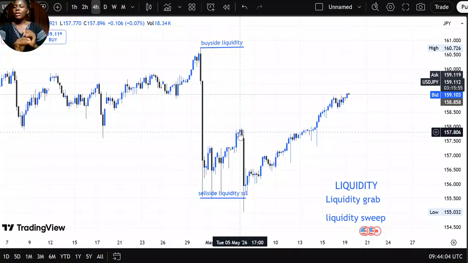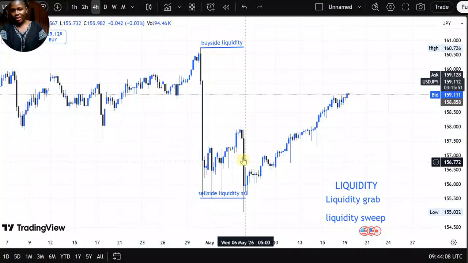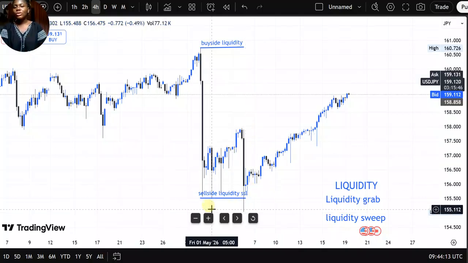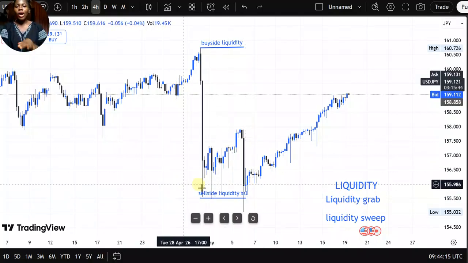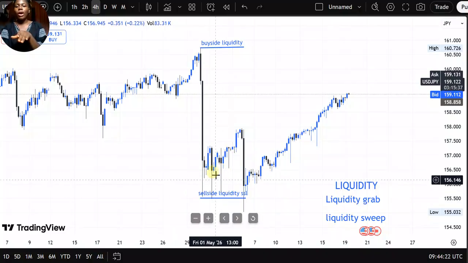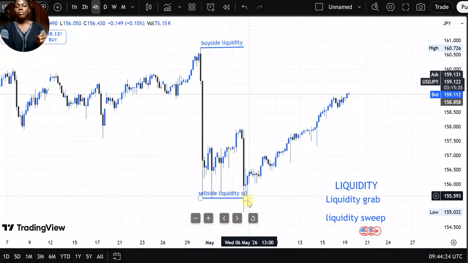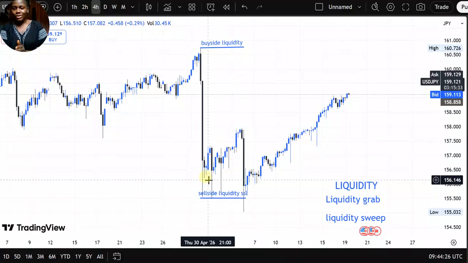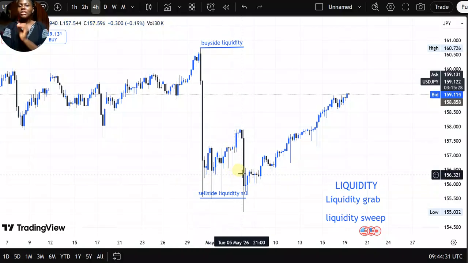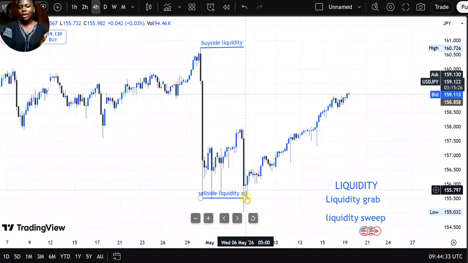Then liquidity grab, they are not so far from each other, is also what this did here. It doesn't move with so much momentum, it just goes and just goes and just goes, and then it still goes for the same thing. So after all of those weeks showing rejection, price rejected that area, it comes back and it still clears those areas, but not as aggressive as the first one, but it still moves fast and comes to clear that area, and it doesn't do too much like the other one would.